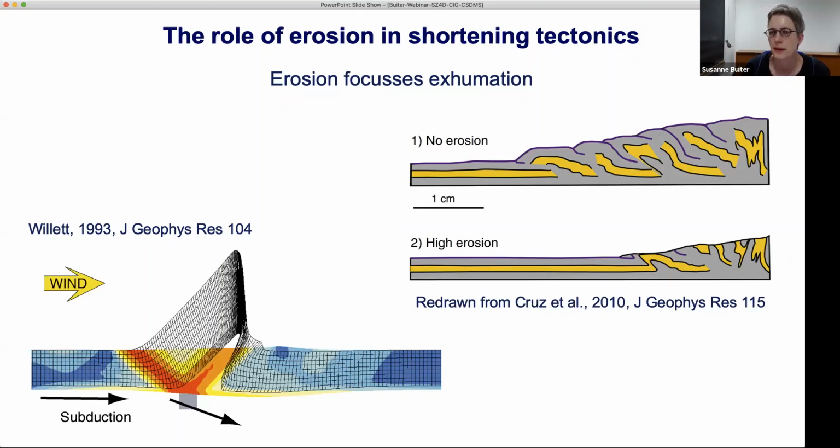The system could be happy and stable, but then when material is removed, it deforms to reach the stable state again. So of course our models have become more fancy since these models from the 90s, but the main conclusion is the same. In shortening settings, we're finding a positive feedback between erosion and tectonics. So the processes enhance each other.